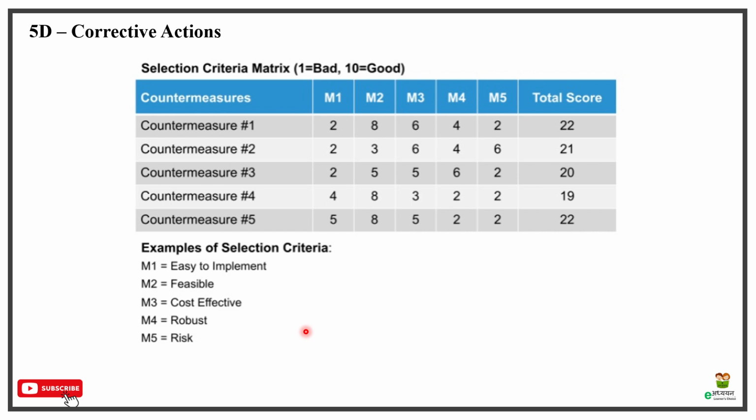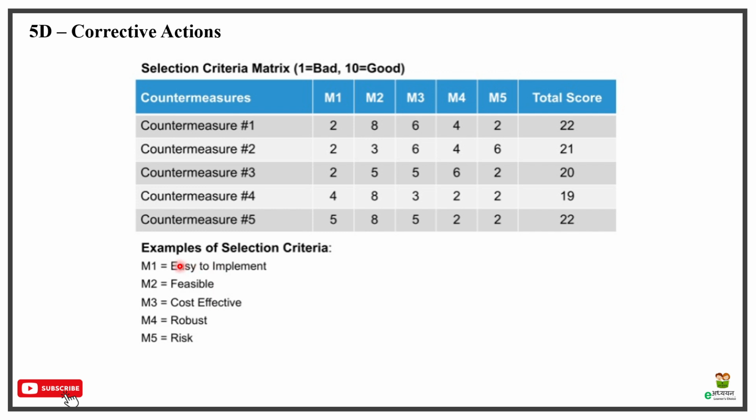Then take the corrective action, 5D. Here we can use different methods. Here we can use a selection criteria matrix. 1 is for bad and 10 is for good. Here we have different countermeasures, corrective actions: action number 1, 2, 3, 4, 5.